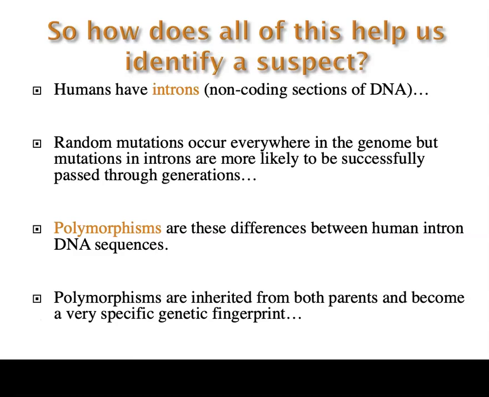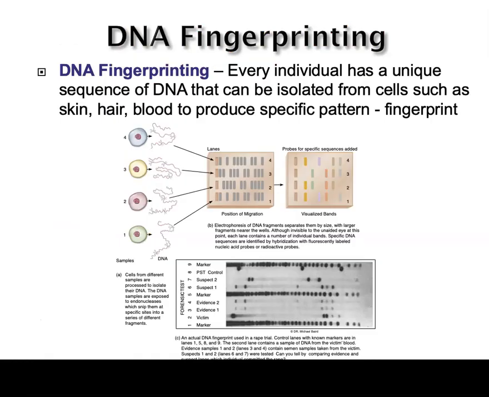So let's take a look at an actual sample. Using DNA fingerprinting, you take this DNA and use enzymes to break it up. If you just ran the whole DNA, it would be too long, very big. So you break it up and then run it through these gels. Taking a look at this, we put something called a marker or a ladder. In this bottom image, you can see there are 3 markers.